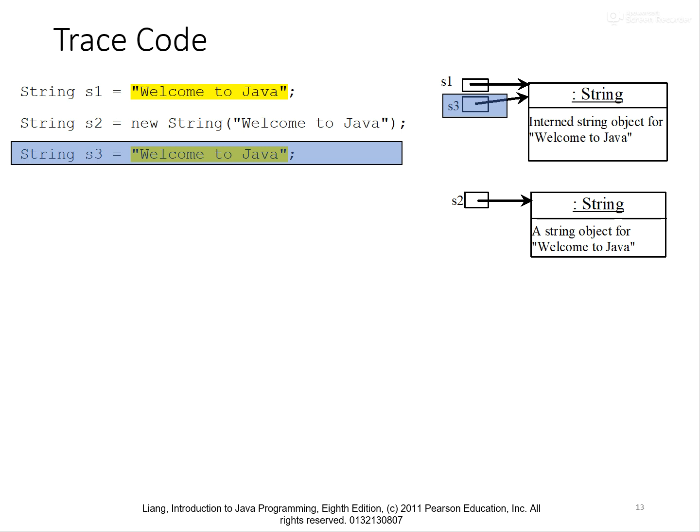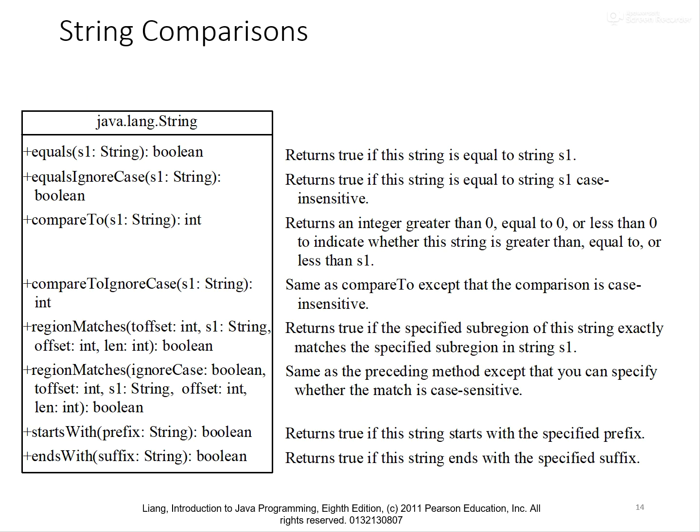Okay. Now, the string class comes with lots of different useful methods. I don't think I'll be going through all of them. Some of them are actually pretty straightforward and obvious. But we've just seen that we can check whether two string references, two created strings, are pointing to the same object in memory.